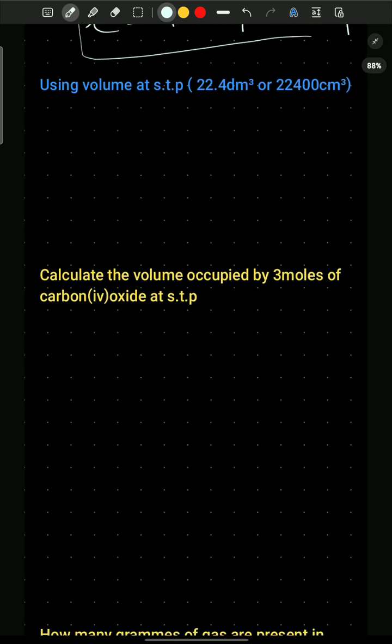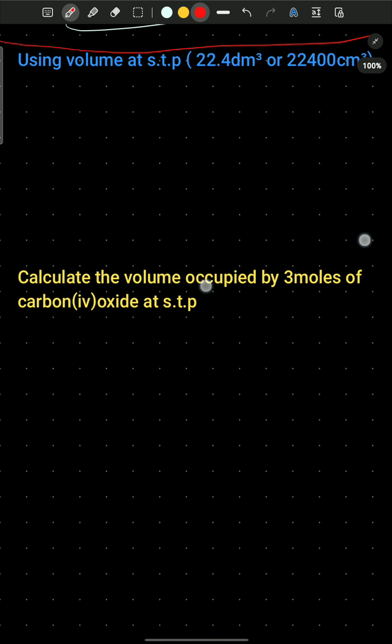So I guess this should be the last one, which is using volume at STP. This is actually quite interesting, and it's one of the best formulas I love in solving mole concepts. You need to understand that you can only use this formula under 2 conditions.